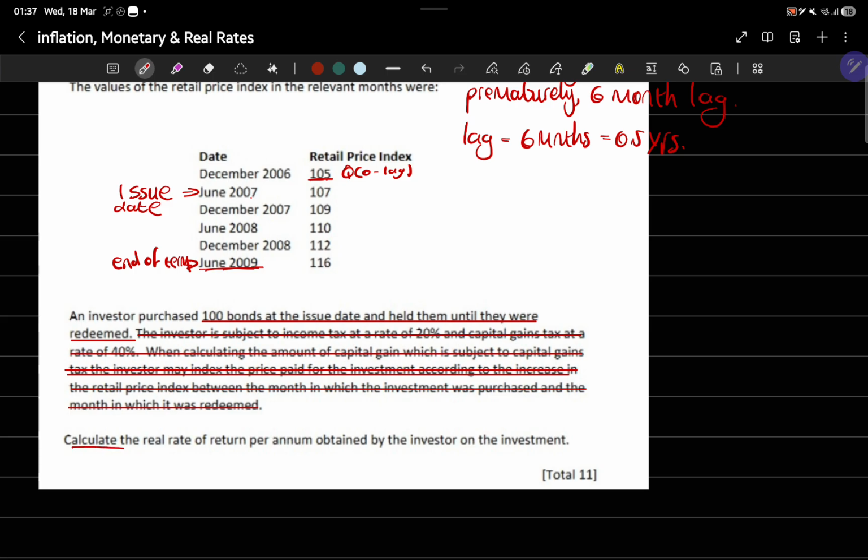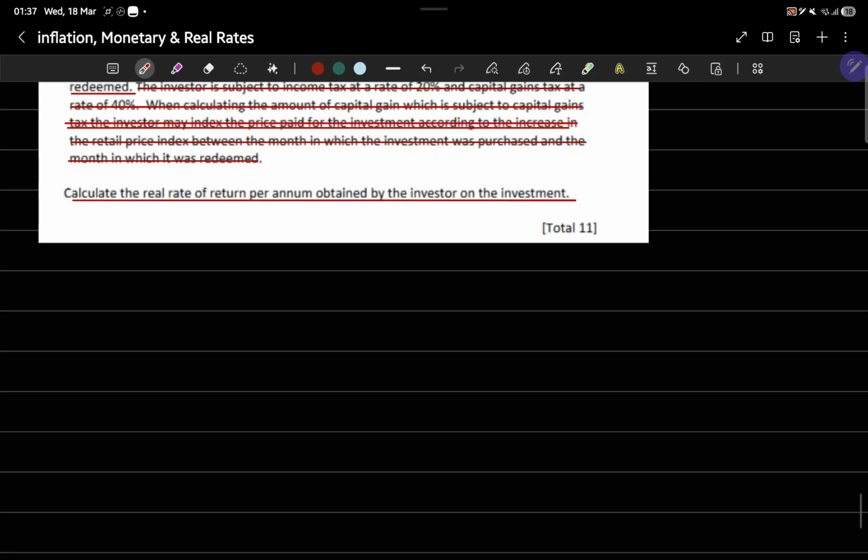And here, calculate the real rate of return per annum obtained by the investor. I just want to emphasize that we use the real rate for real values. So before we even think about solving for this, we have to somehow get real values.